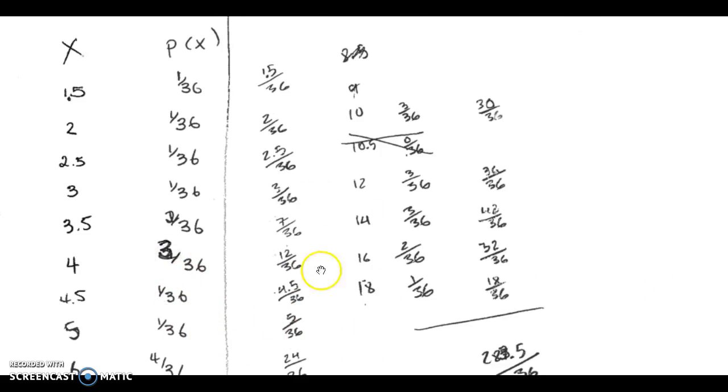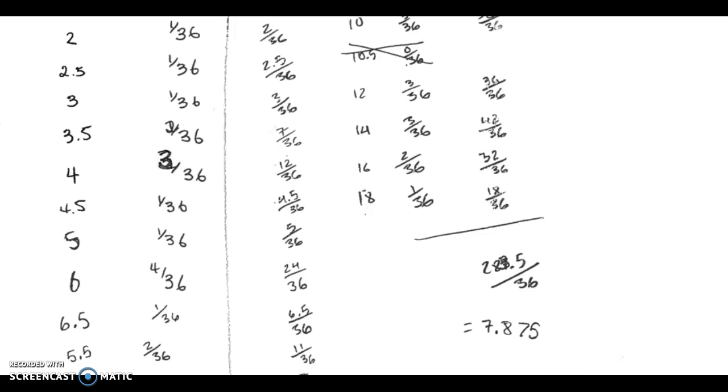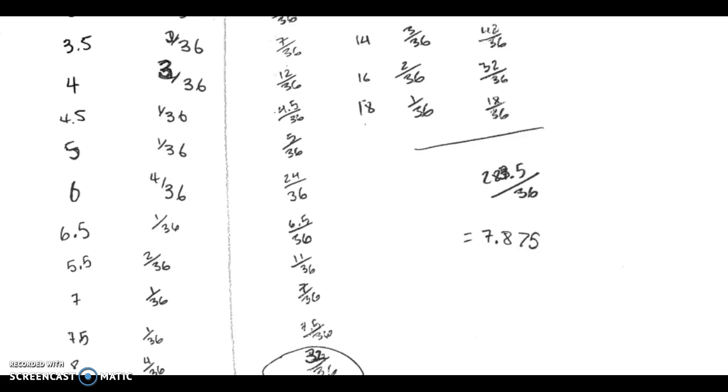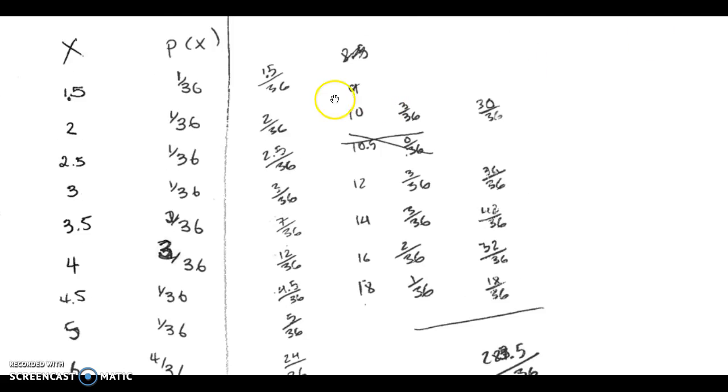So we continue doing this all the way down. It goes all the way down to 6, continues 6.5, 7, 7.5, 8, but we weren't done. We had to continue in the next column. There's 9, 9 doesn't come up, 10, 12, 14, 16, and 18, and the probabilities are in the next column.